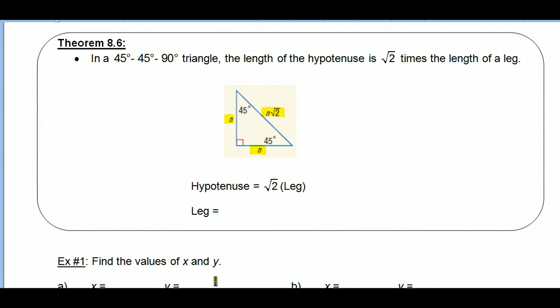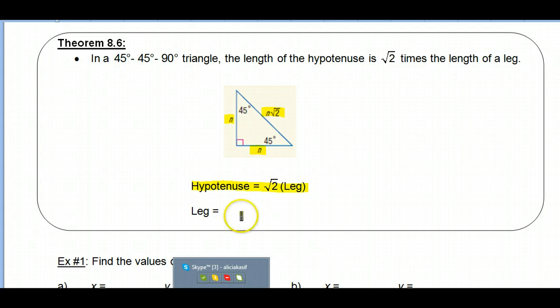Now, we have to be careful because we are not always going to be given the sides. For example, what if I gave you the hypotenuse? Or maybe you had the sides and you had to find the diagonal. But regardless, the hypotenuse is always going to be the square root of 2 times the leg.